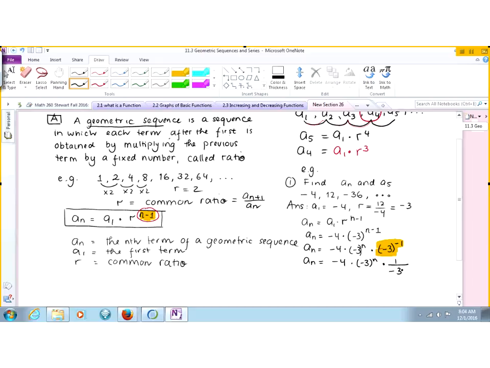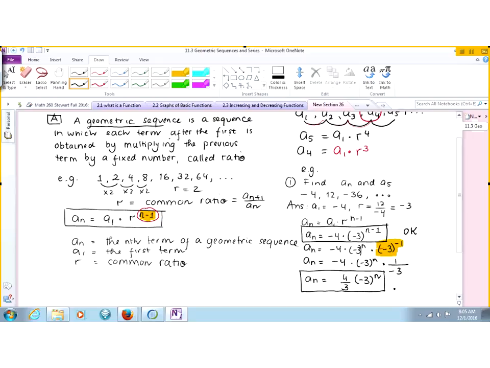So a(n) is -4 times -3 to the n times 1 over -3. Now, can I combine the -4 and -3? So a(n) is equal to 4/3 times (-3) to the n. But if you want to leave your answer in the earlier form, it is fine.